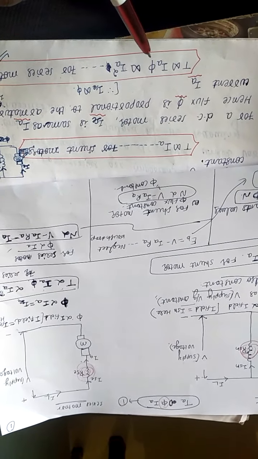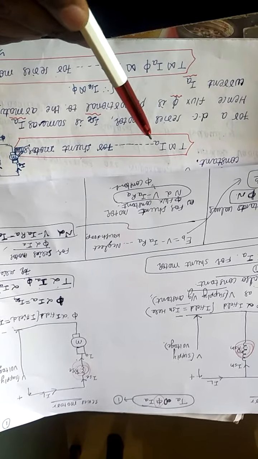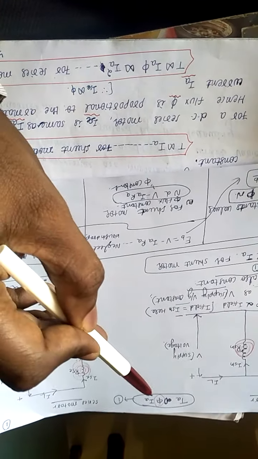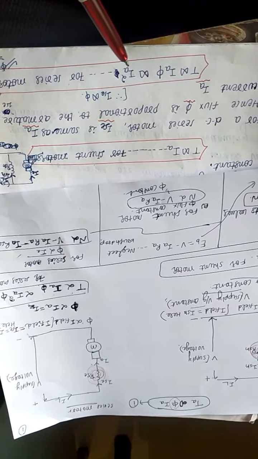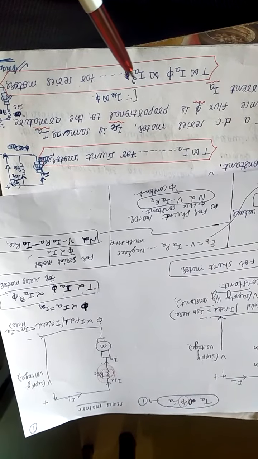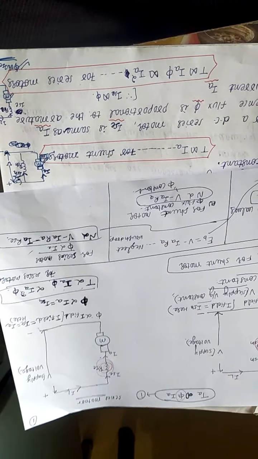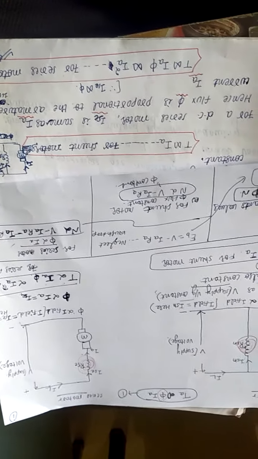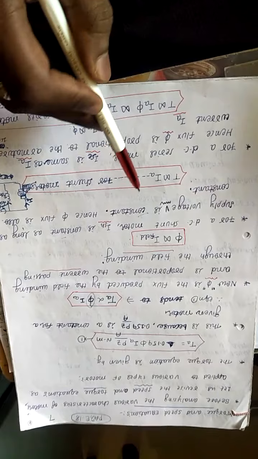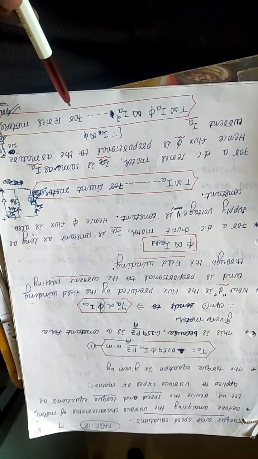Here both are variable, whereas in the case of the shunt motor, φ is constant. Here φ and Ia both are variable, and so it is Ia square. Ia square means it will be parabolic in nature; I will show it later on. So this is the torque equation for the shunt motor, and this is the torque equation for the series motor.